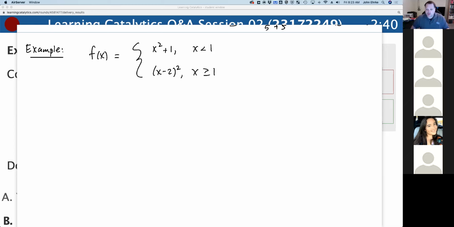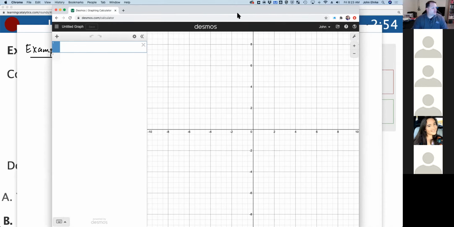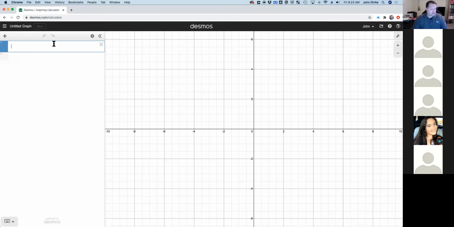I want to show you in Desmos how you can plot piecewise functions. All right, so if we open up a Desmos tab here, the function that we're looking at is x squared plus 1.